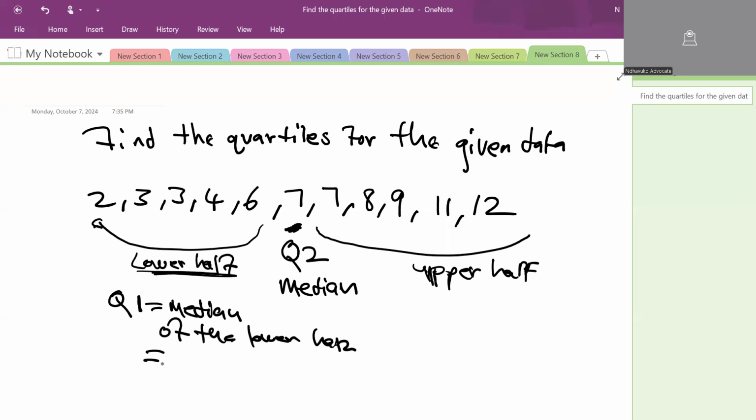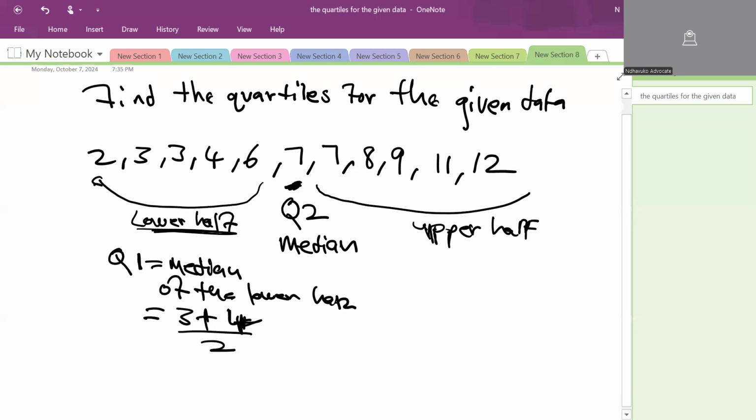So Q1 is 3 plus 4, because we start from 7. 3 plus 4 divided by 2.